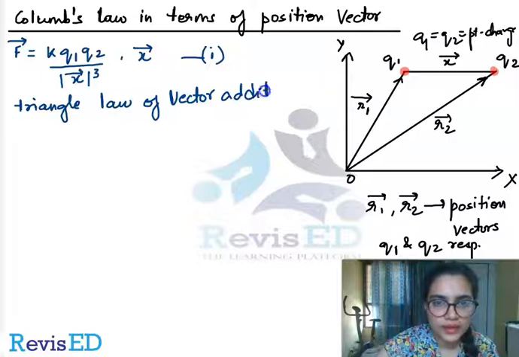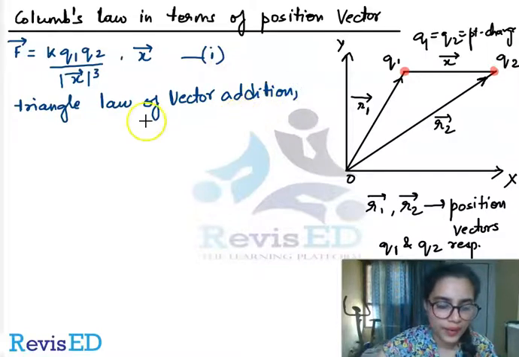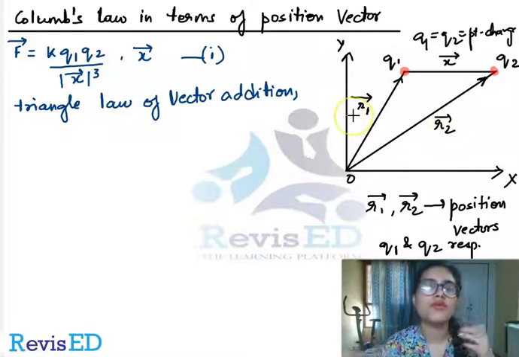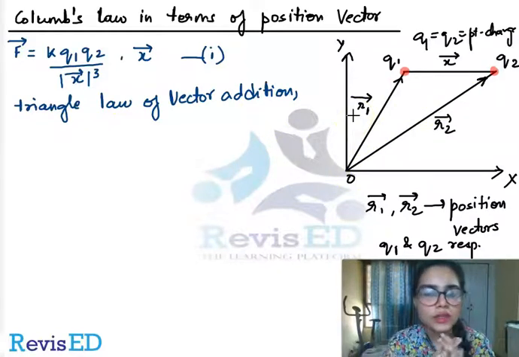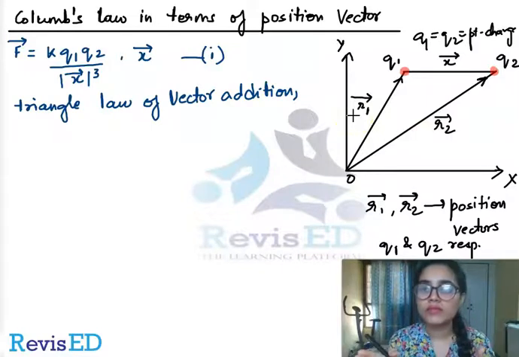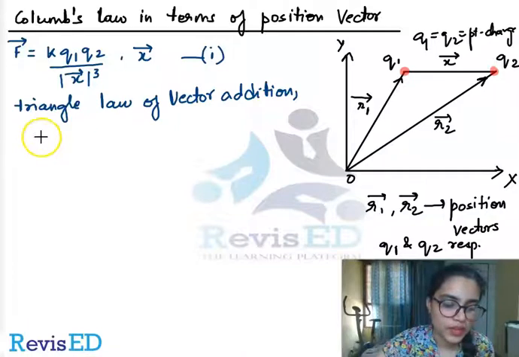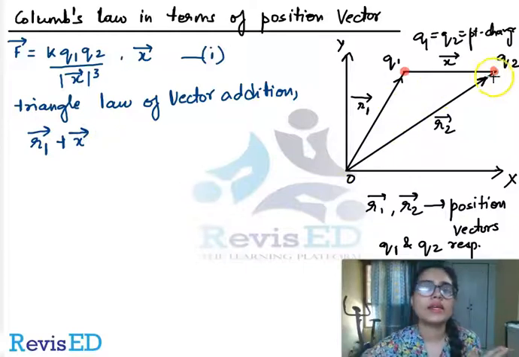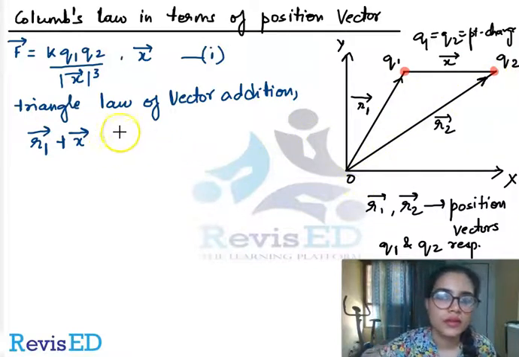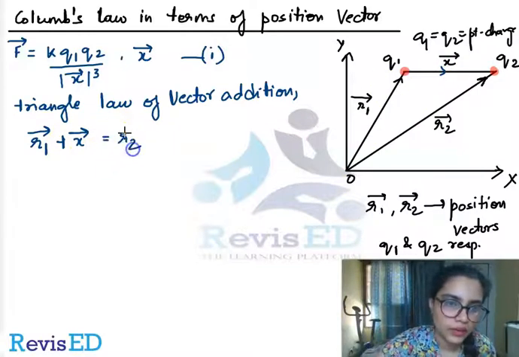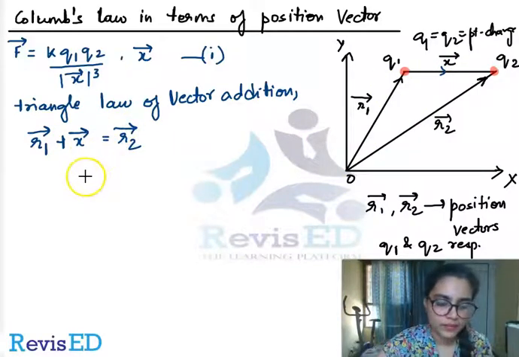So what it says is that this vector and this vector, the sum of R1 and X vector, will be giving you the R2 vector quantity, right? So this is what we are going to write. We can say that R1 vector plus X vector, because we take it in clockwise directions, right? So it is equal to R2 vector. Fine.